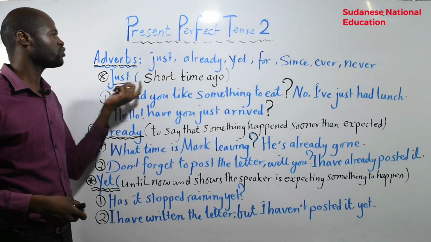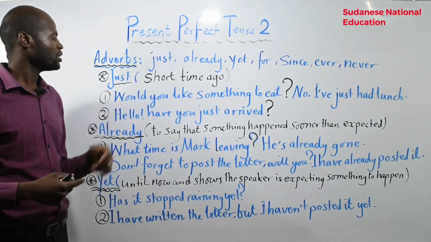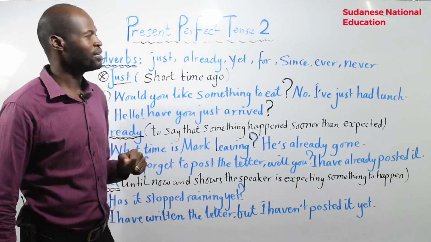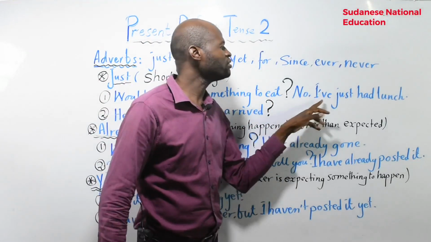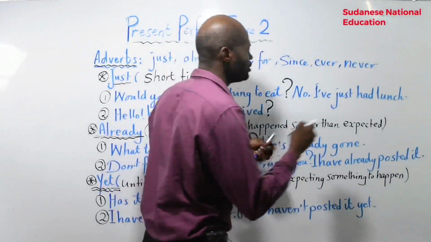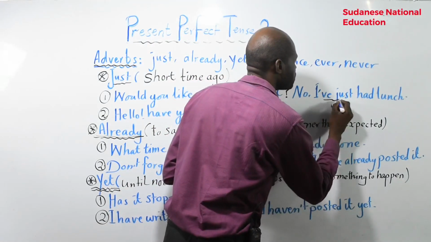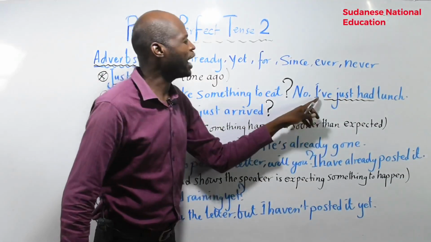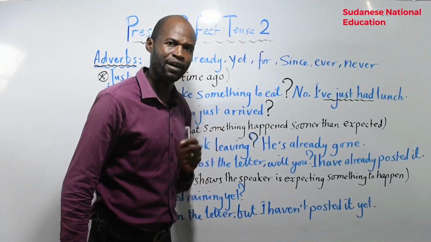We use just for a short time ago. Example: Would you like something to eat? The answer here: No, I've just had lunch. I have just had lunch, and this here is a positive sentence. We use just. I've is a short form of I have.